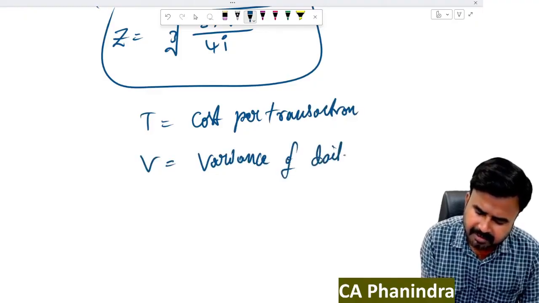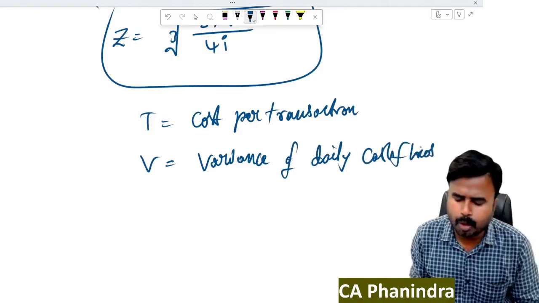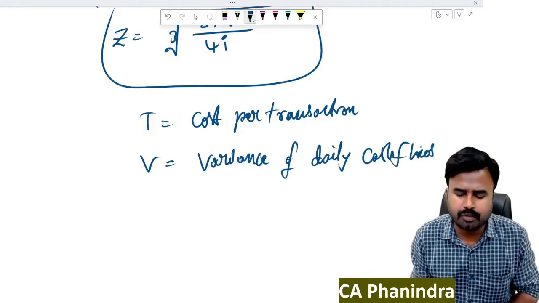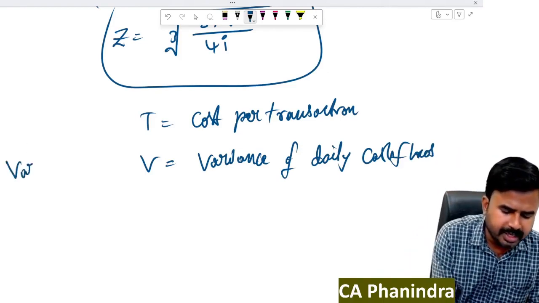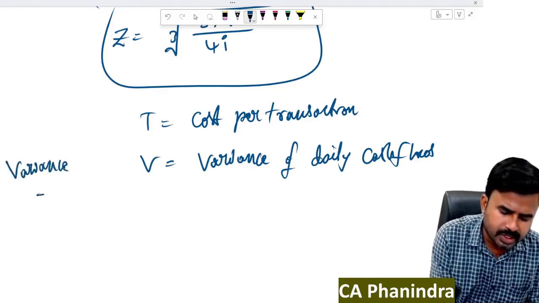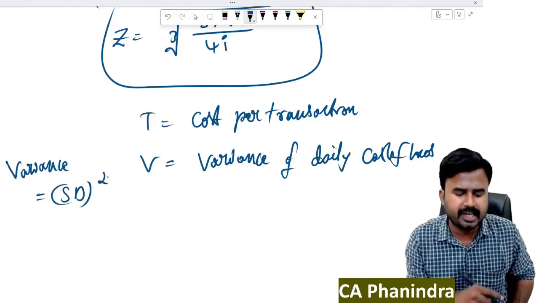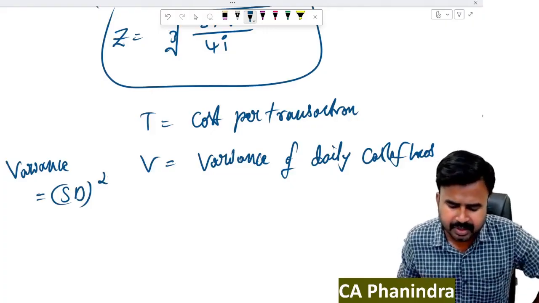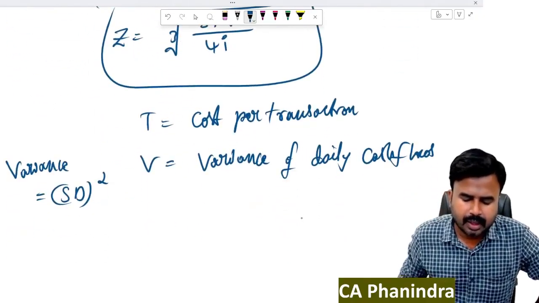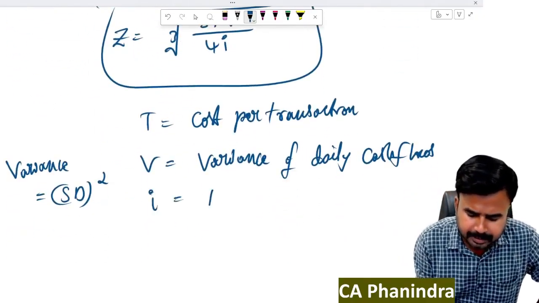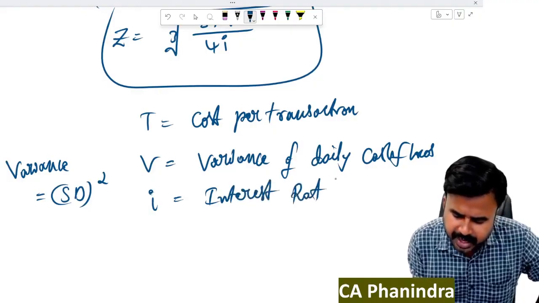We need variance of daily cash flows. In case the problem gives standard deviation of cash flows, you please apply square to that. Why? Because variance is equal to standard deviation square. You know this formula. SD is equal to square root of variance. Variance is equal to standard deviation square. So V is equal to variance of daily cash flows. And I is equal to interest rate per day. Observe these terms actually. V is variance of daily cash flows.